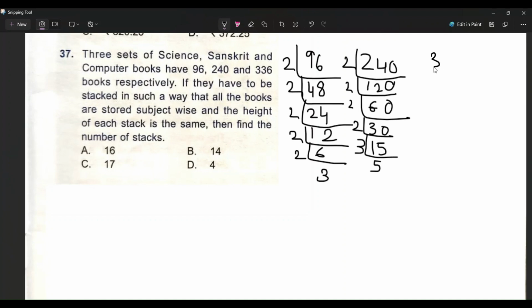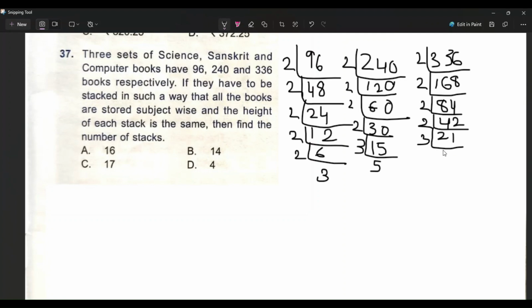Now for 336: 2 1s are 2, 2 6s are 12, 2 8s are 16, 2 8s are 16, 2 4s are 8, 2 4s are 8, 2 2s are 4, 2 2s are 4, 2 1s are 2, 3 7s are 21.